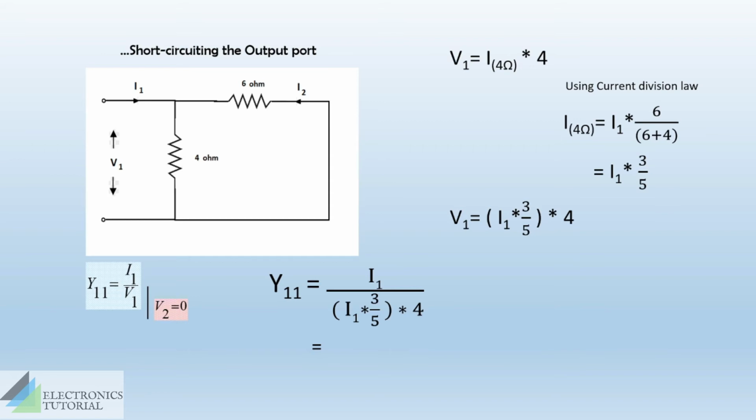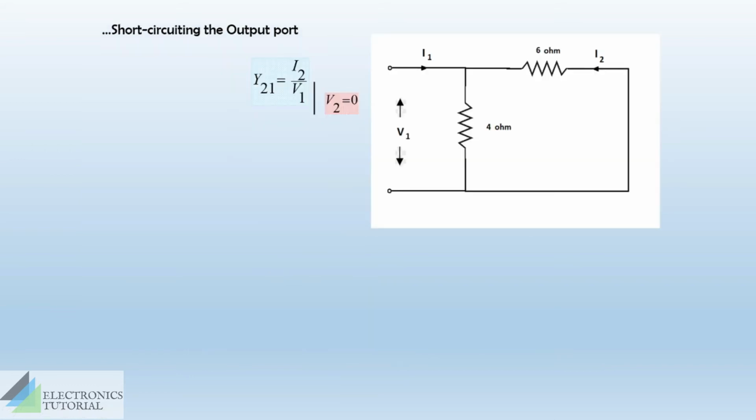That means we'll obtain the Y11 value as 5 by 12 mho. Admittance parameter is a reciprocal of impedance. So we can write the unit as ohm inverse or mho. The other parameter that we obtain after setting V2 equal to 0 is Y21.